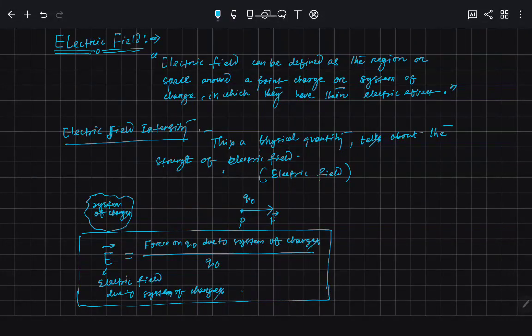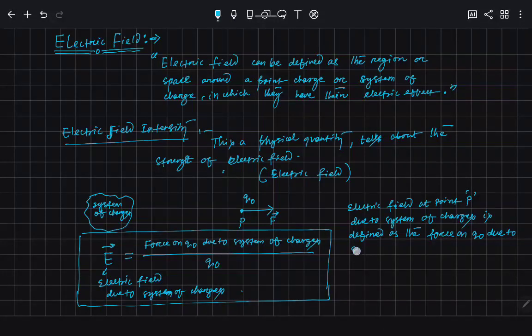This thing you have to remember. Or in words, if I write: the electric field at point P due to the system of charges is defined as the force on q naught due to the system of charges divided by q naught.